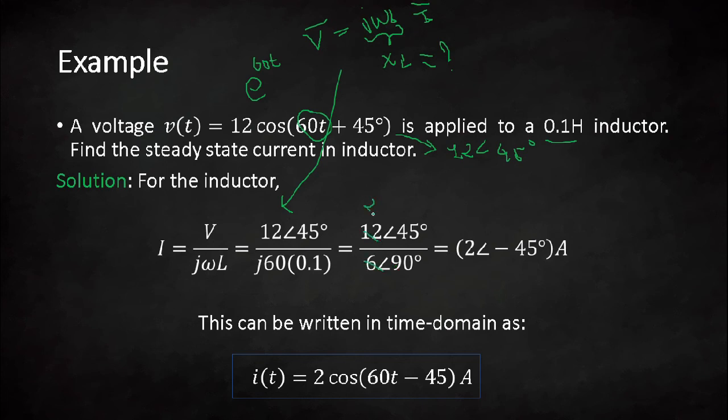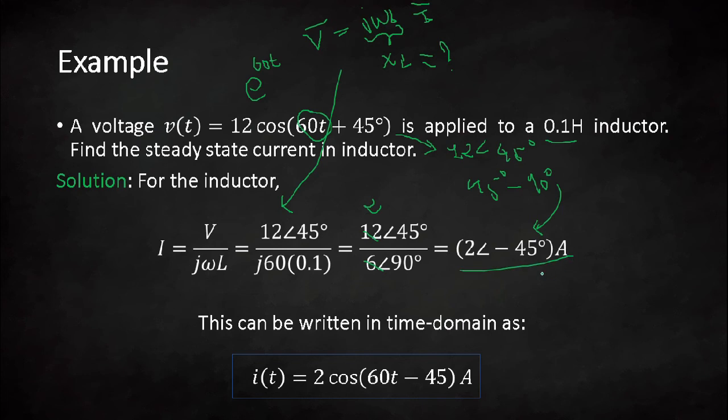So 12 divided by 6 will be 2, and the angle will be 45 minus 90, which is minus 45. Angles are subtracted, that is 45 degrees minus 90 degrees, and that will be minus 45 degrees.